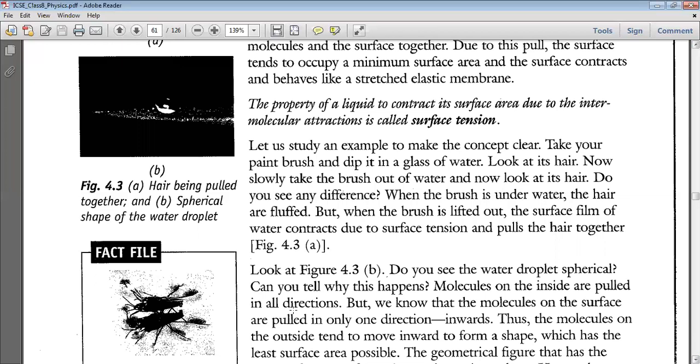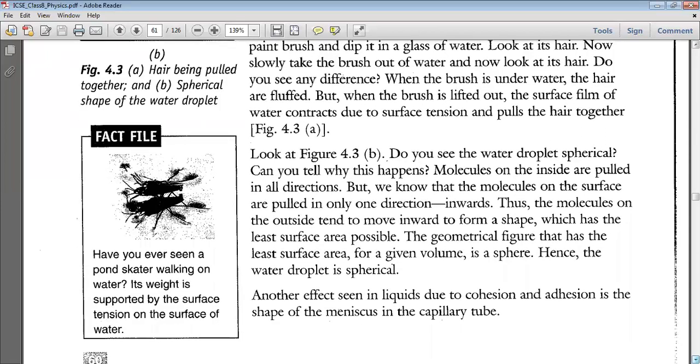Thus the molecules on the outside tend to move inward to form a shape which has the least surface area. And in higher classes you will understand that a sphere has the least surface area out of all the geometrical figures.